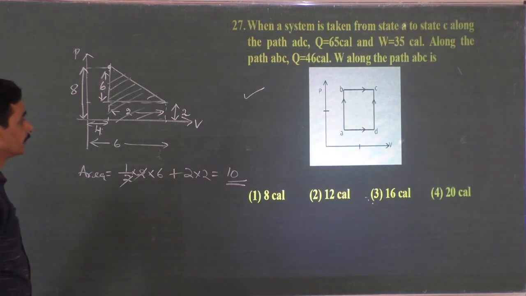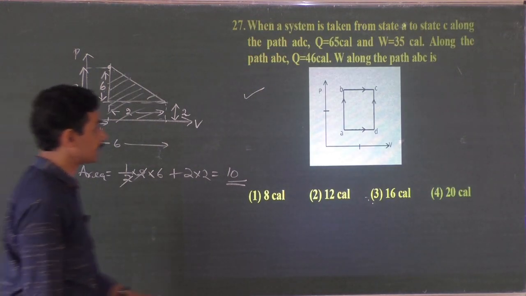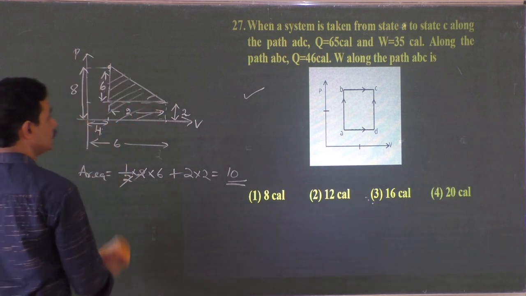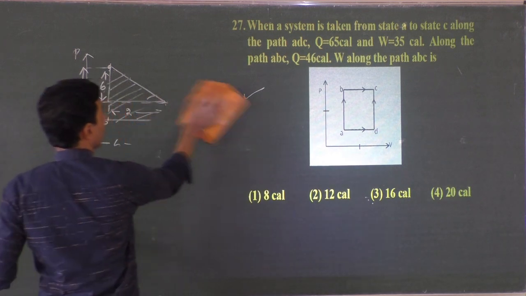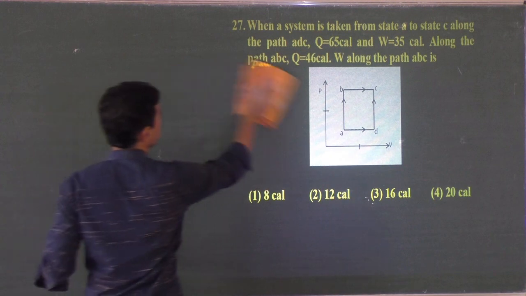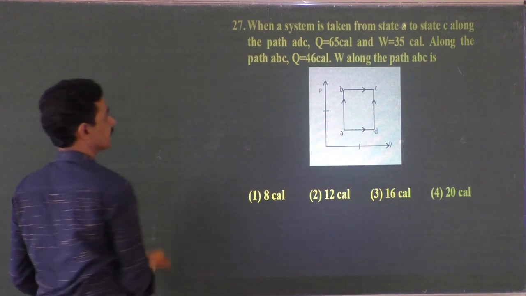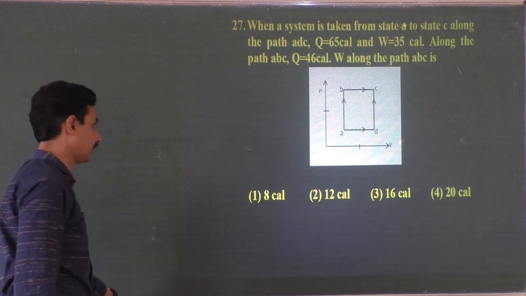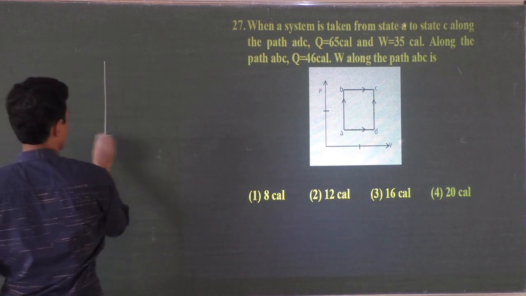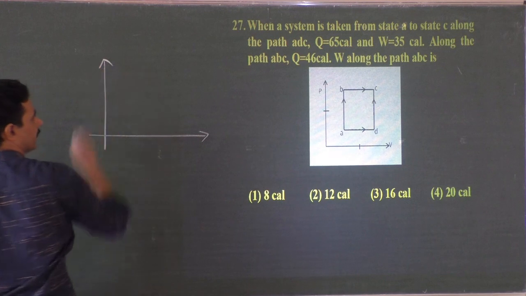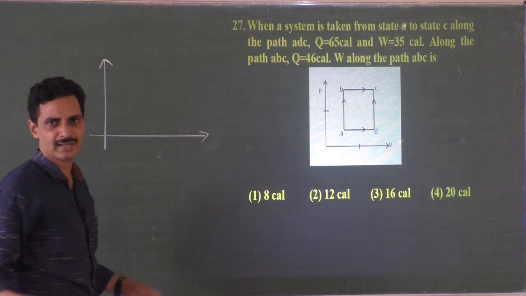Total area. When a system is taken from state A to state C along the path ADC, I'll draw the diagram. So here is a PV diagram. Very, very simple problem. I think this was asked once in a NEET exam.